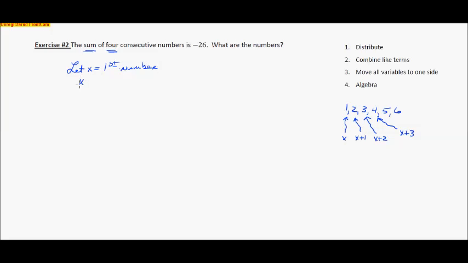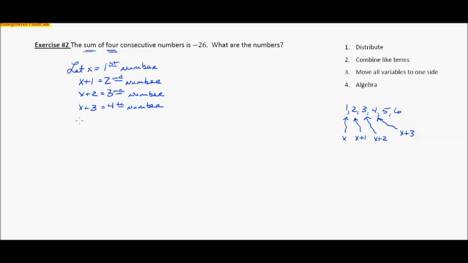The second one is x plus 1. That's going to be the second number. The third one, of course, is x plus 2. And the fourth one is x plus 3. Alright, so that's my defining of my variables here.